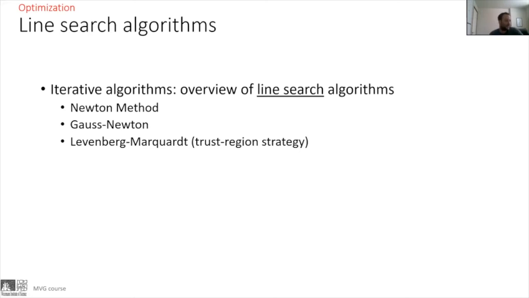Then we will discuss the Gauss-Newton, which is an improvement of the Newton method, and then Levenberg-Marquardt, which is an improvement of the Gauss-Newton. At the end, what we use for bundle adjustment is the Levenberg-Marquardt algorithm, but we need all the way in order to understand why it works.